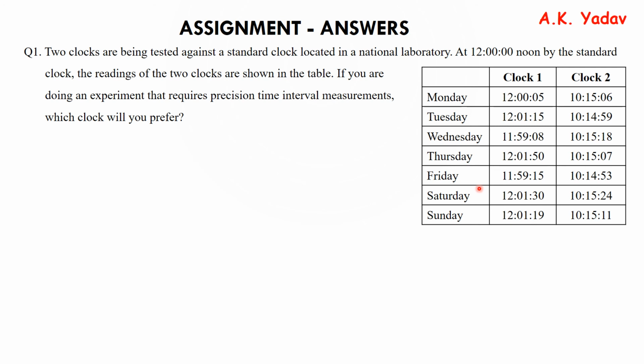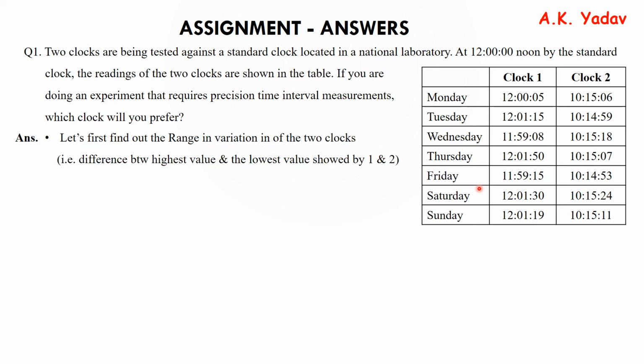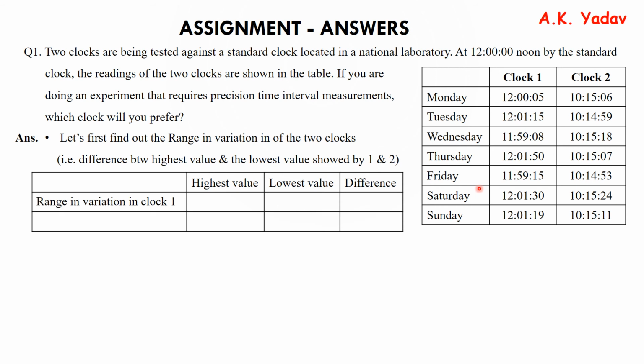In order to do this, first of all, let's find out the range in the variation of the two clocks. That means the difference between the highest value and the lowest value shown by the two clocks. For clock 1, the highest value is this one, and the lowest value is this one.